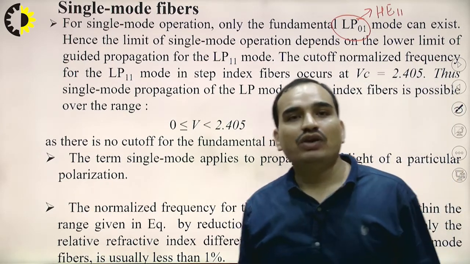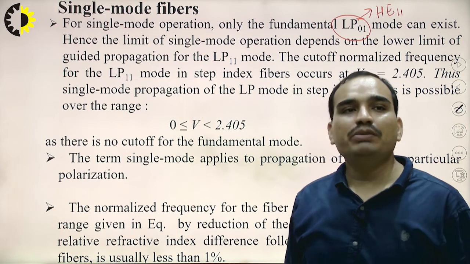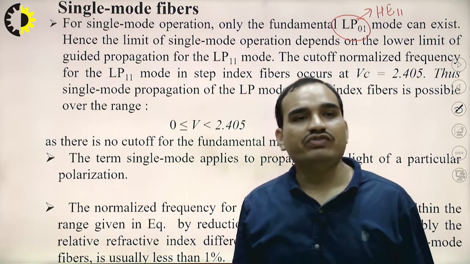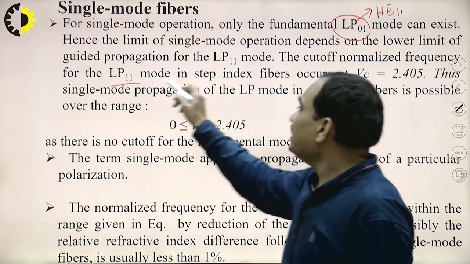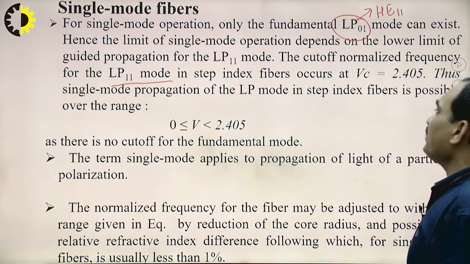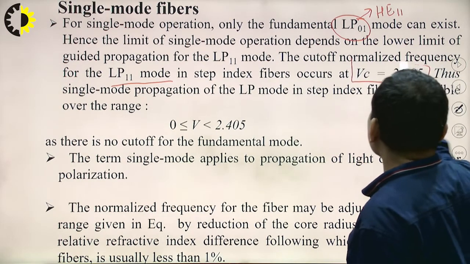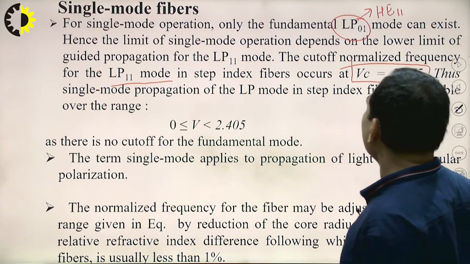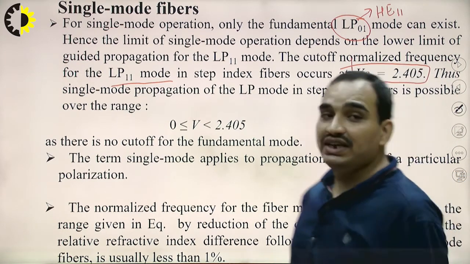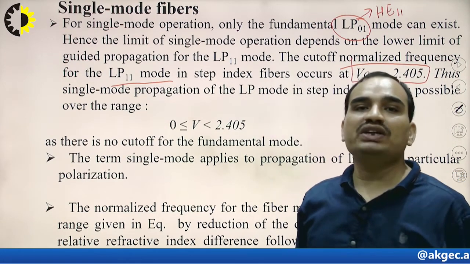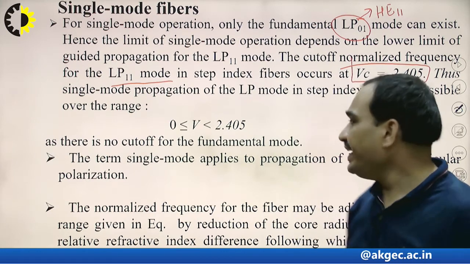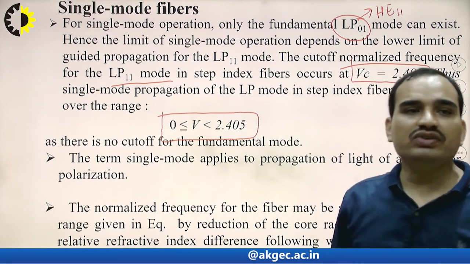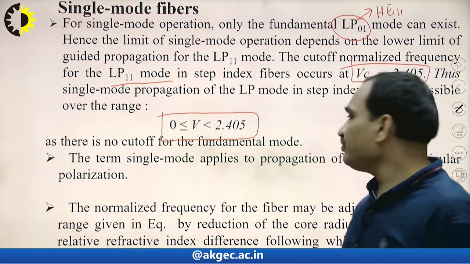Hence the limit of the single mode operation depends on the lower limit of the guided propagation of the LP11 mode, and the cutoff normalized frequency of the LP11 mode in the case of the step index fiber is 2.405. Thus single mode propagation in the step index fiber is possible over the range of V number from 0 to 2.405, as there is no cutoff for the fundamental mode.